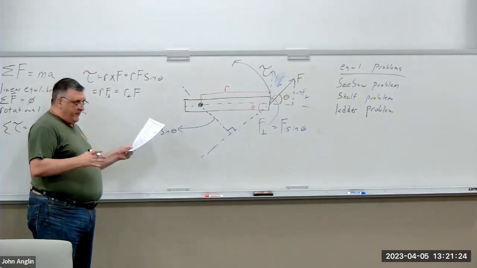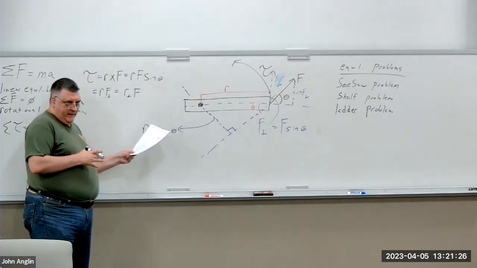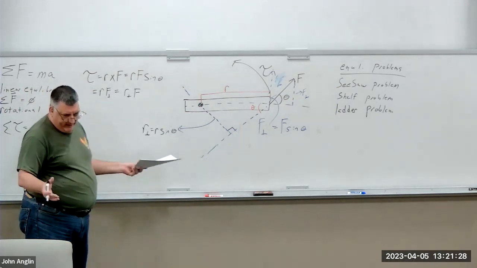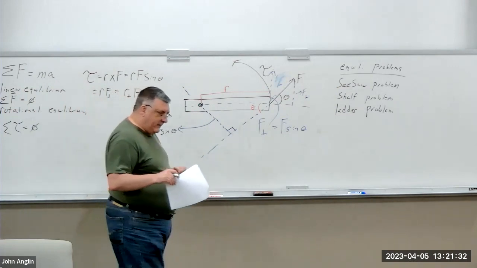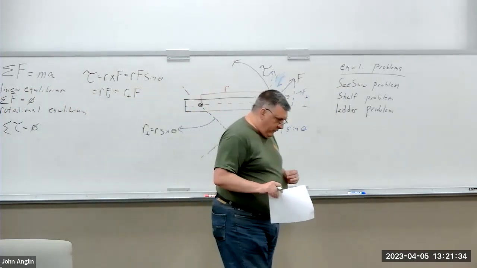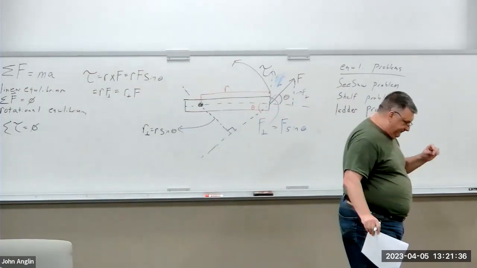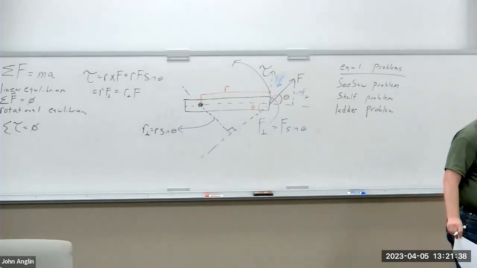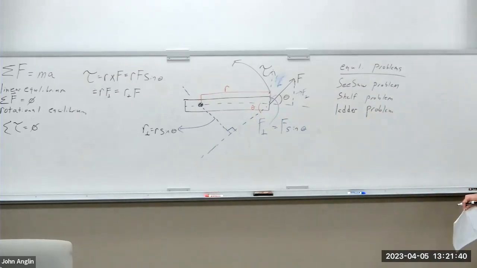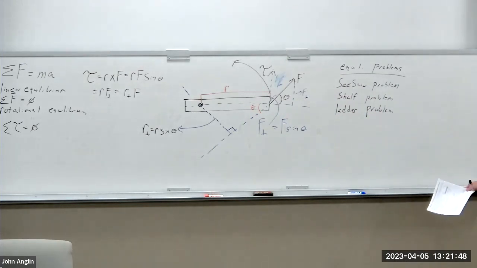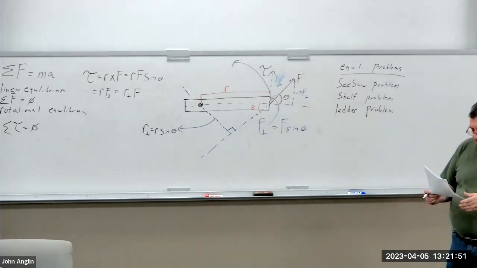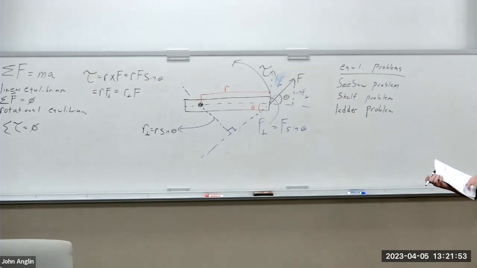What is the angle the ladder can lean against the wall before it falls down? If you've done calculus 1 or are concurrently taking calculus 1, you've seen the ladder problem from a different perspective already. It's called a related rate problem. The ladder problem is a related rate problem. We're just going to do it from a different standpoint. And that's okay.